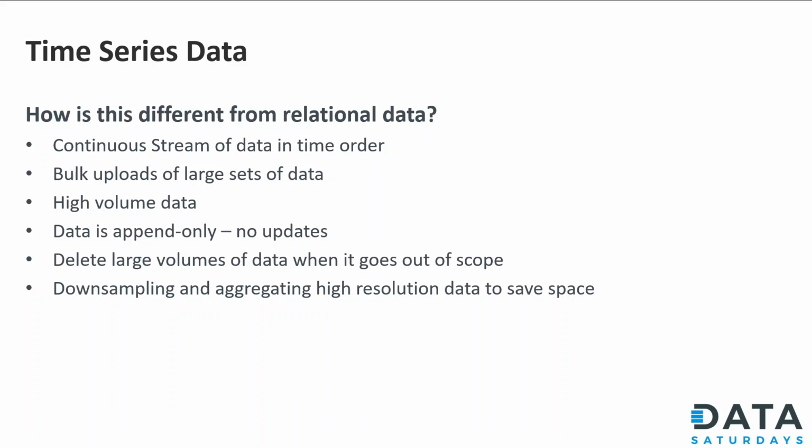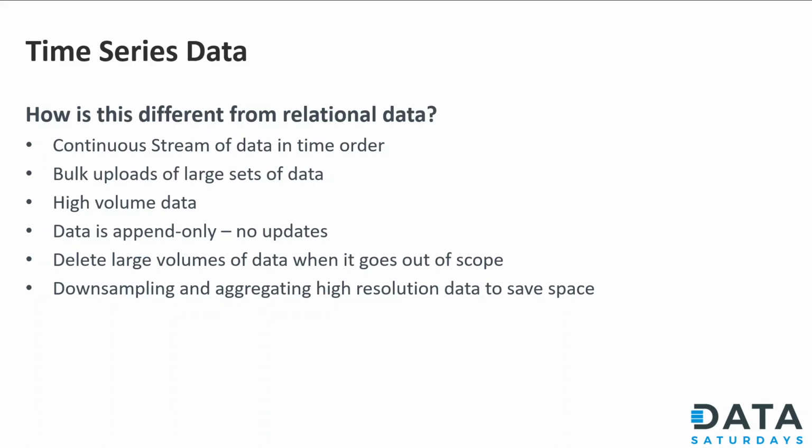Another thing that we usually want to do with time series data is delete large volumes of data when the data goes out of scope. It probably doesn't make sense to retain the data forever. For example, when the championship season for Formula One ends, there's some data that we are not interested in.